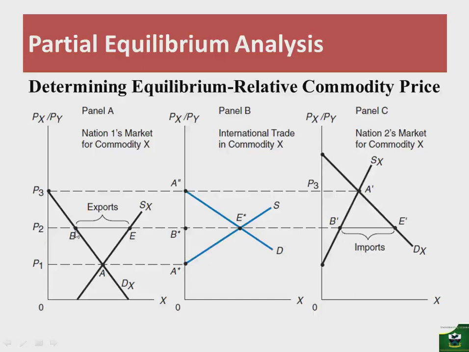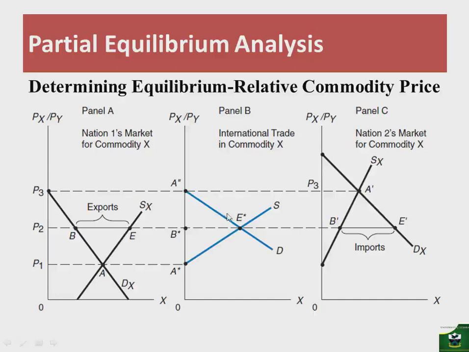And therefore, this tells us that the distance between B and E is equal to the distance between B prime and E prime, which is the import in nation 2. So when the price goes up beyond P2, we notice that producers in nation 1 will be supplying more and more volumes on the international market.